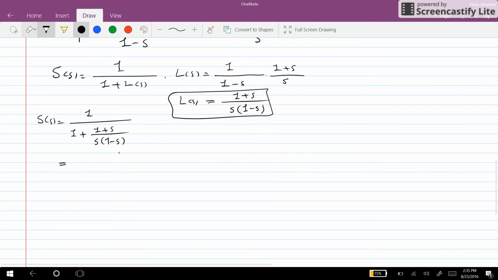And from here we can have S times 1 minus S over S times 1 minus S plus 1 plus S for our sensitivity function.